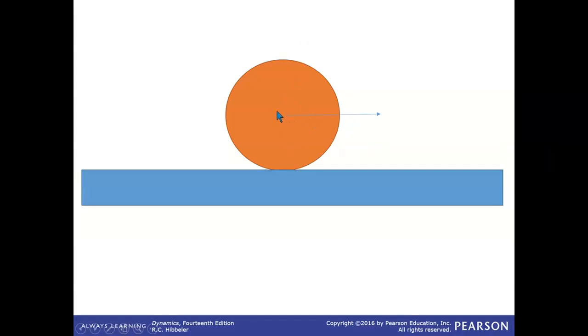Okay, so if this is center of mass, let's say capital G, then its velocity is omega r, where omega is the angular velocity of the wheel and r is the radius of the wheel. Similarly, the acceleration of the center of mass is alpha r, where alpha is the angular acceleration of the wheel and again r is the radius. But this is true only when wheel rolls without slipping.